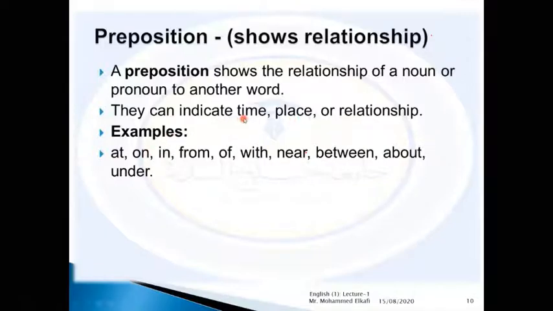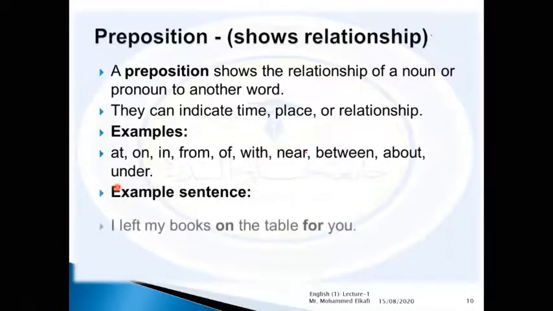On Friday, on Wednesday for time, and for place, on the table. In is another one, used for time, place, or relationship. From, of, with, near, between, about, and under. We have some others, but here we just select some of them.